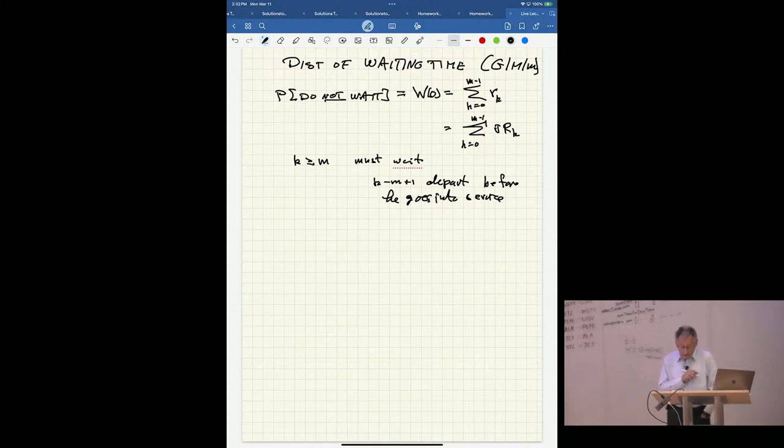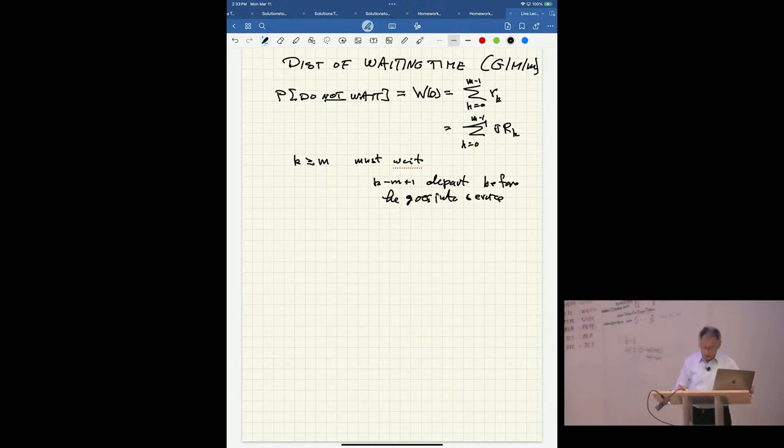During that period, if he has to wait, all m servers are busy, so they're popping out at the rate m mu. And how many? We have to wait for k minus m plus 1 of them to pop out. So how long to get that many out at a rate m mu? And what's that distribution called? That's the Poisson distribution. So let's write that down.